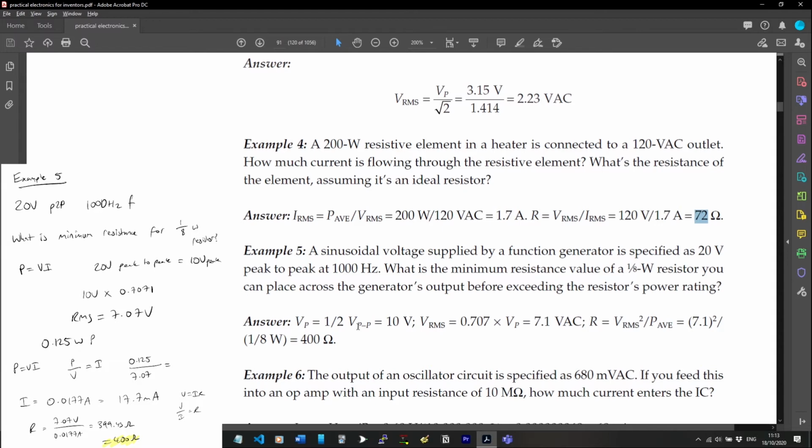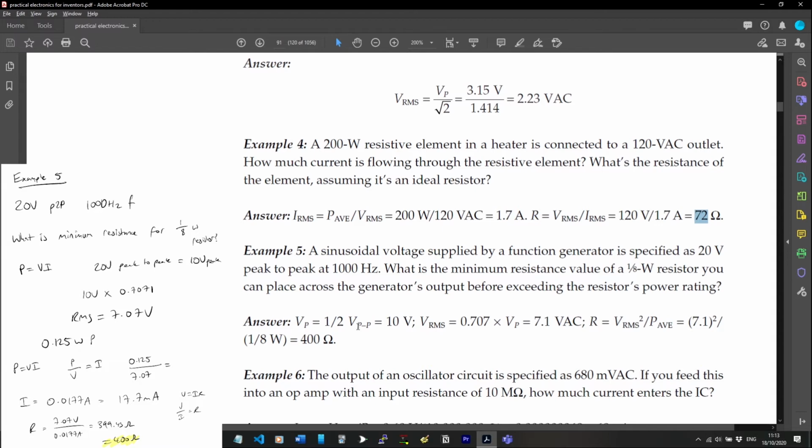Okay, I want to try and understand this before I read the answer. Let's write that down.